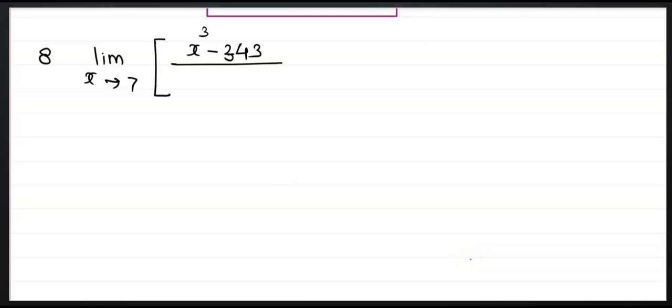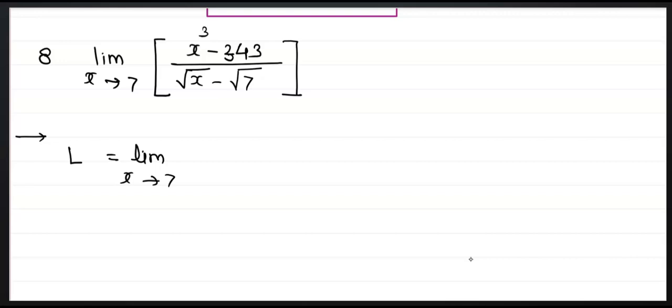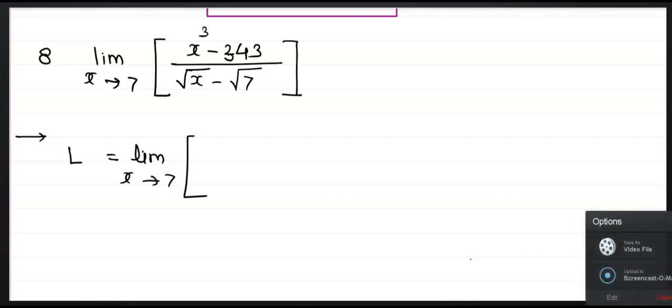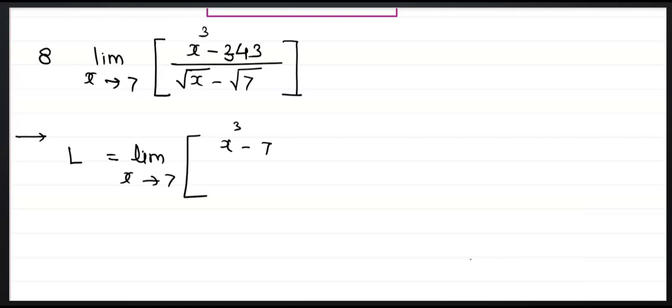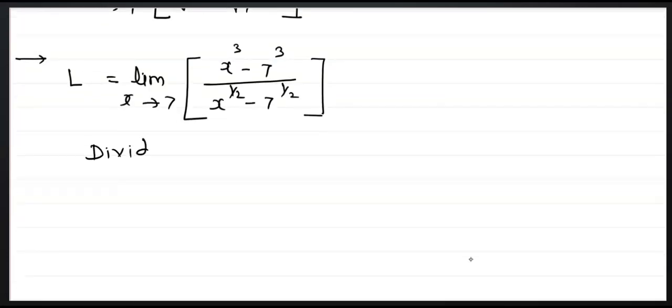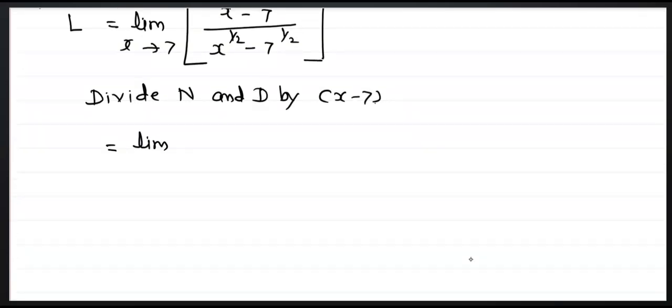Limit x tends to 7, x raised to 3 minus 343 upon root x minus root 7. Now 343 means what? 7 raised to 3. That is limit x tends to 7, x raised to 3 minus 7 raised to 3 upon x raised to 1 upon 2 minus 7 raised to 1 upon 2.